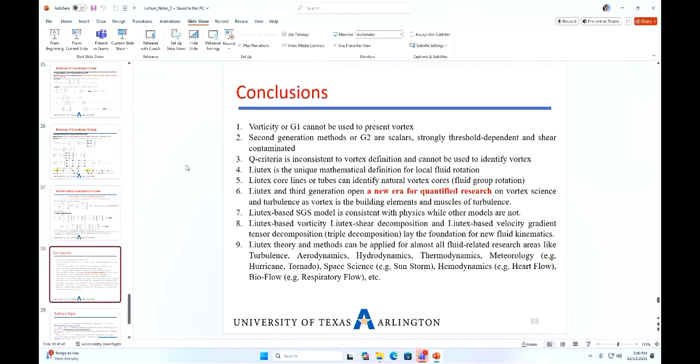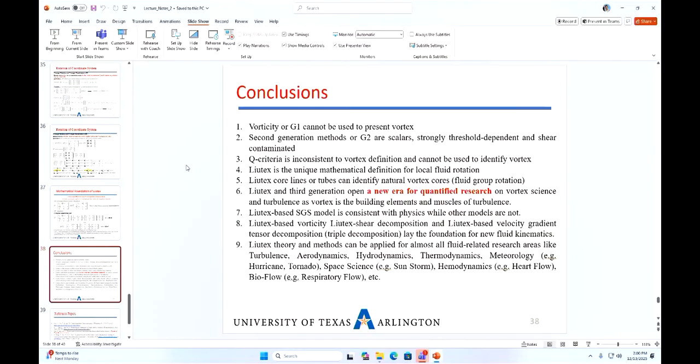Because you talk about real stress, the subgrid scale. It is a convection term, a non-linear term. How does it become eddy viscosity?